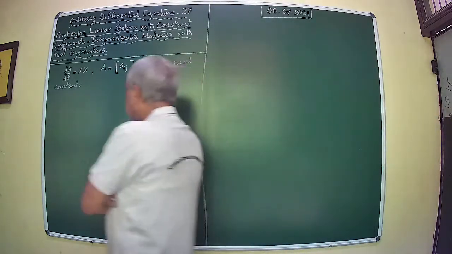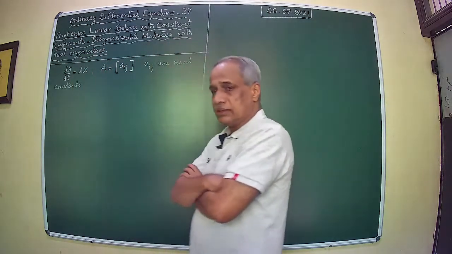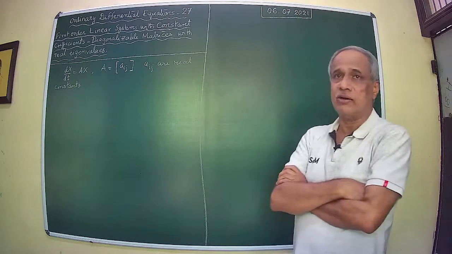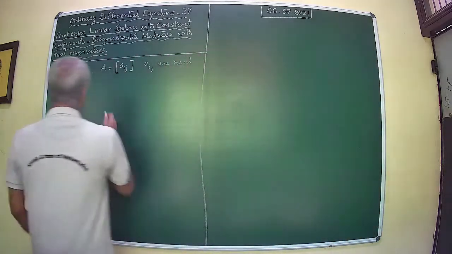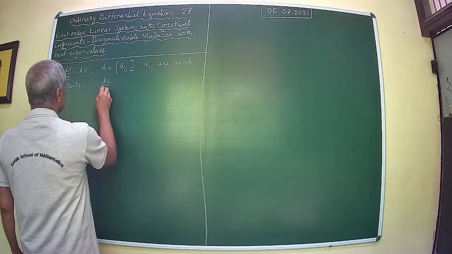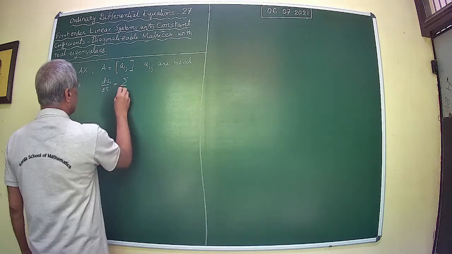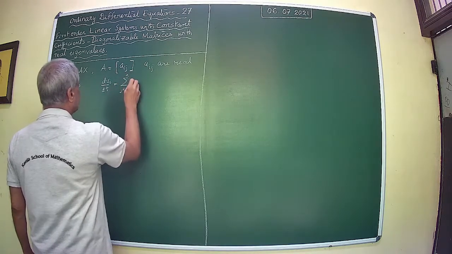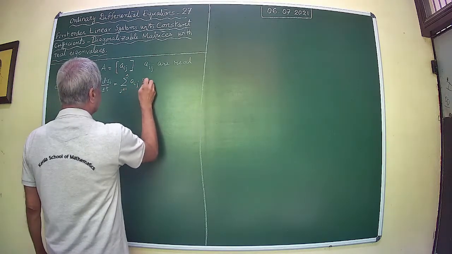It's a homogeneous first order linear system consisting of n simultaneous equations. Now this is of the form, in fact, dx_i by dt equal to sigma j equal to 1 to n a_ij x_j. These are constants.